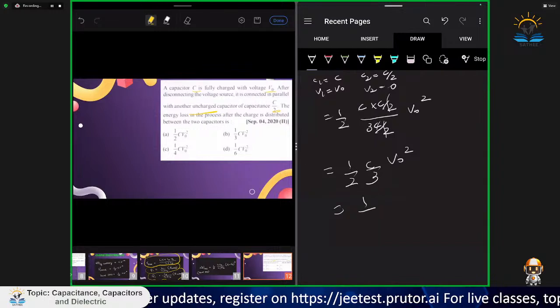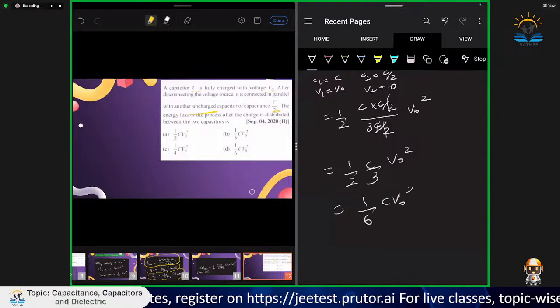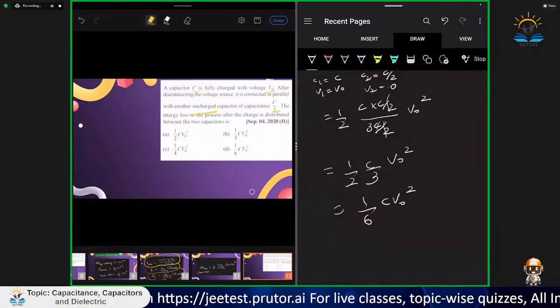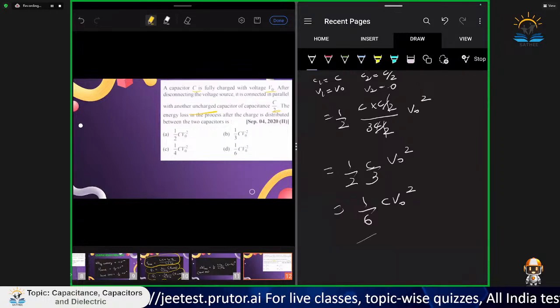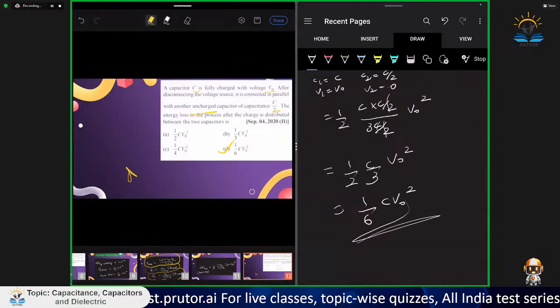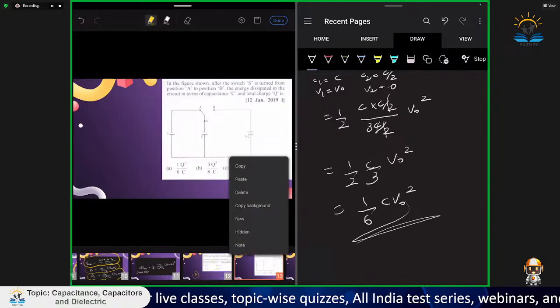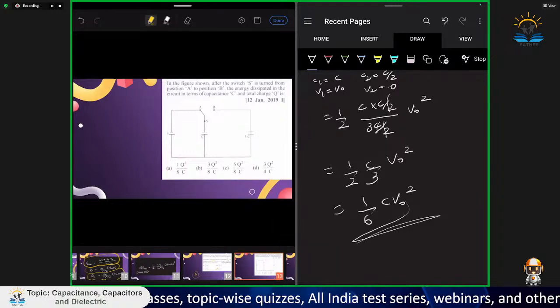Actually, 1 by 6 CV0 square. Option D is the correct answer. Easy, simple application of formula.